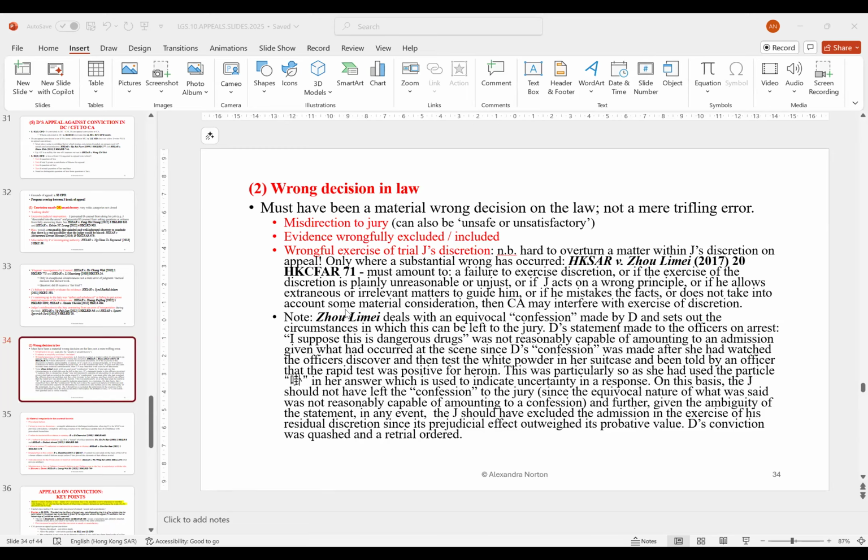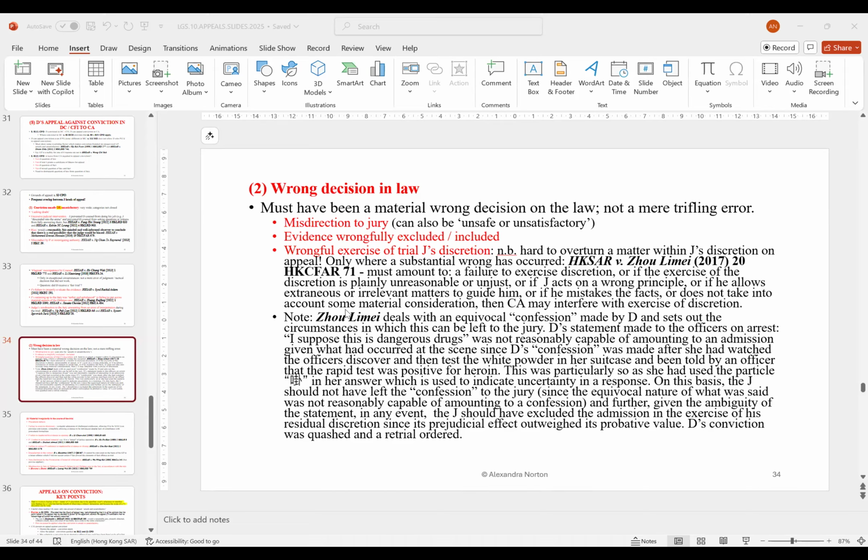And that's what happened in the Zoli May case. Actually, what the defendant had said was so equivocal that it didn't actually amount to a confession. Basically, the defendant, when she was stopped with a suitcase full of drugs, was told by the officer that they'd done a test and that it had conclusively established that they were drugs. And then they asked her, well, what is this powder?